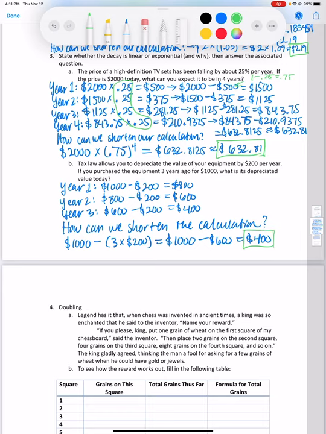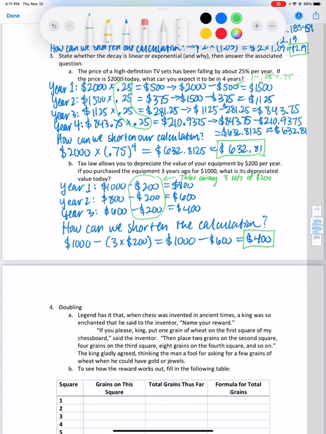Now, which one is linear and which one is exponential? The first one is going to be an exponential decay because I'm subtracting off the same percentage.